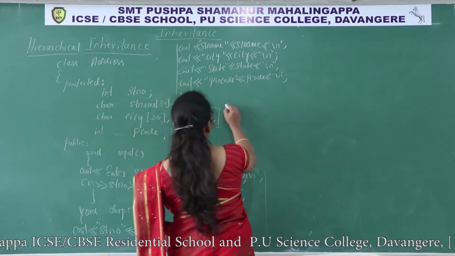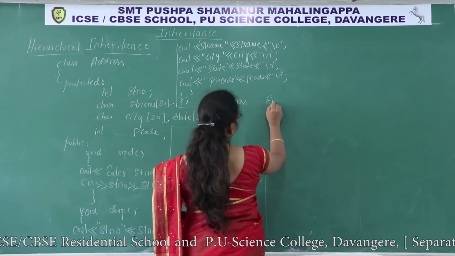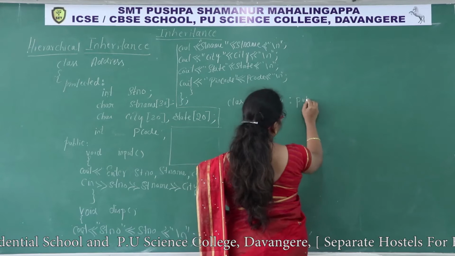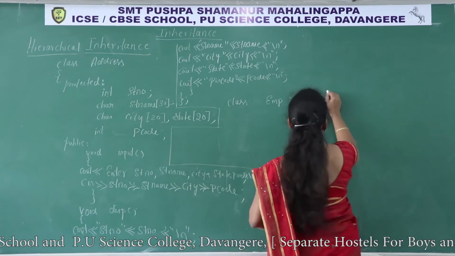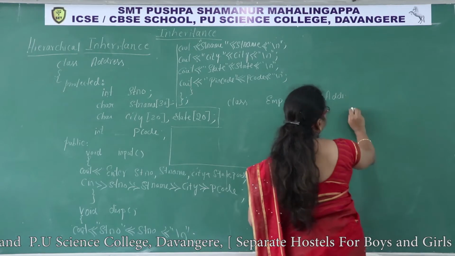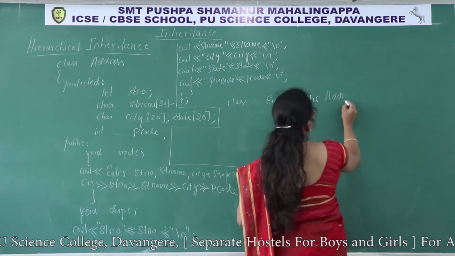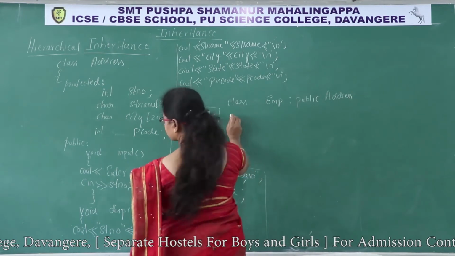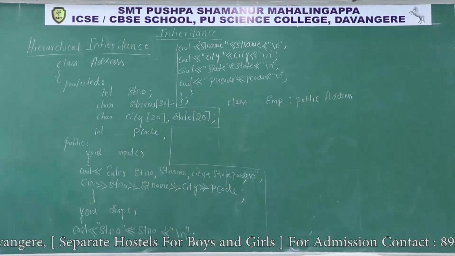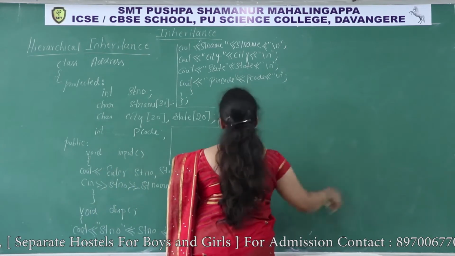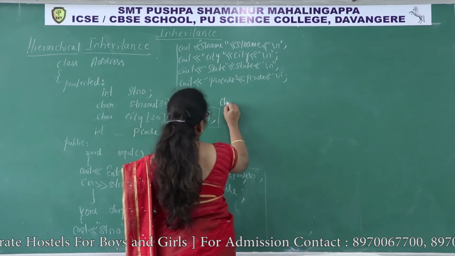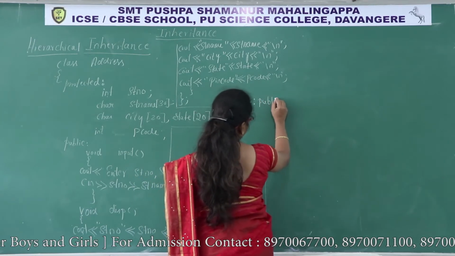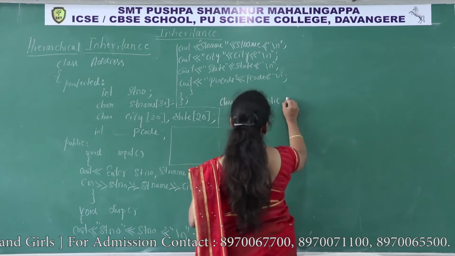Let us derive a class emp, employee, from the base class address: colon public. Base class name is address.